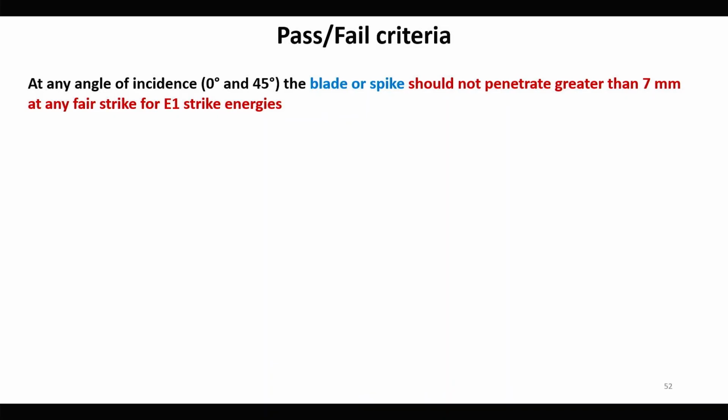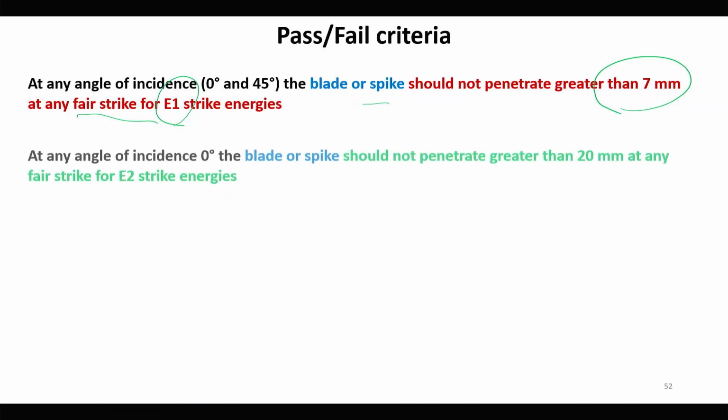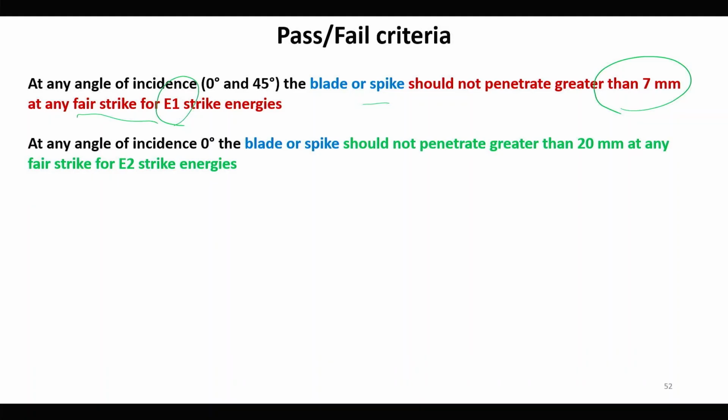So, at any angle of incidence like 0 degree or 45 degree angle, the blade or spike should not penetrate greater than 7 millimeter for any fair strike for E1 strike energies, and for E2 strike energy, higher energy at 0 degree incidence, for blade or spike it should not penetrate more than 20 millimeter.